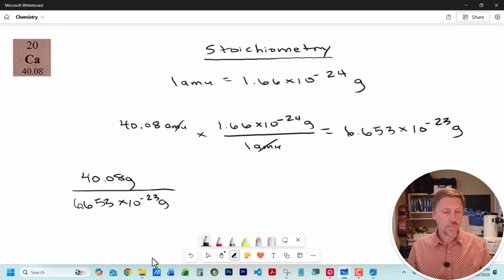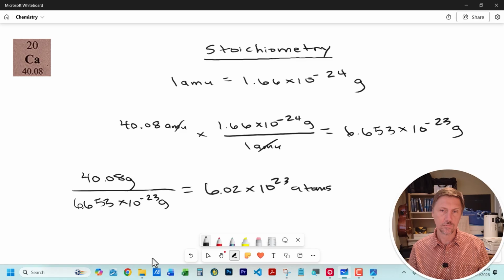And so if we take that value and divide it by 6.653 times 10 to the negative 23, which is the mass of a single atom, we see that there are 6.02 times 10 to the 23 atoms in 40.08 grams of calcium. All right? This is an important number.